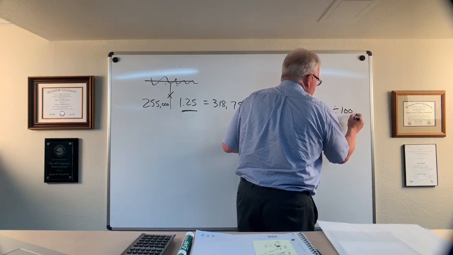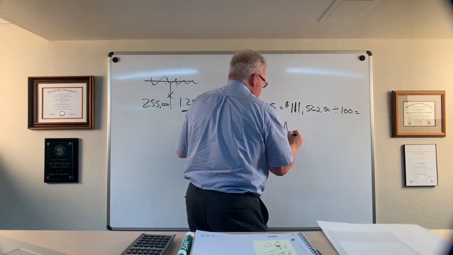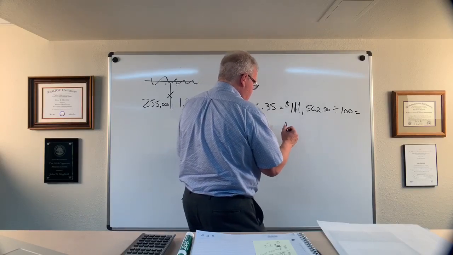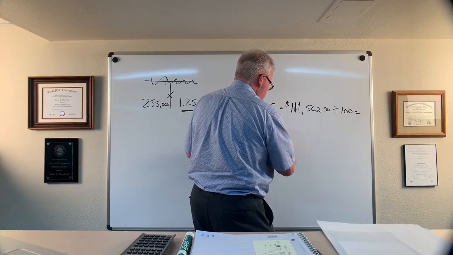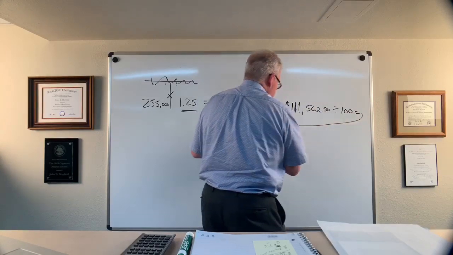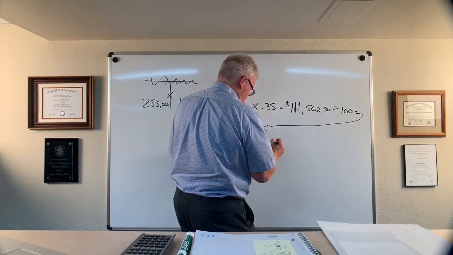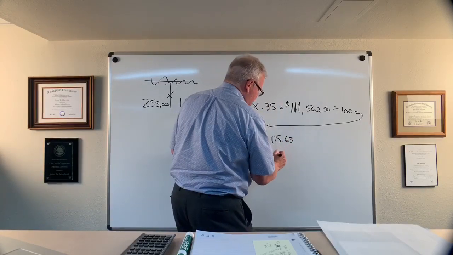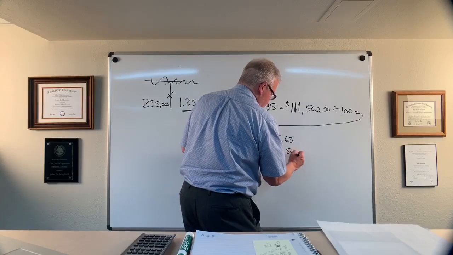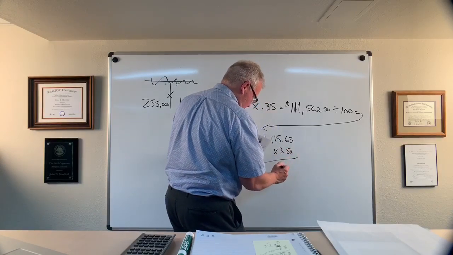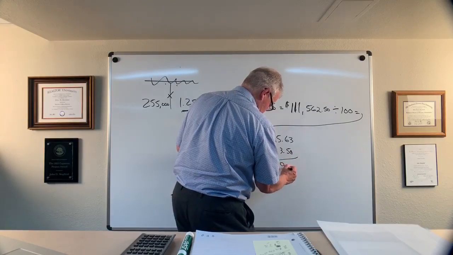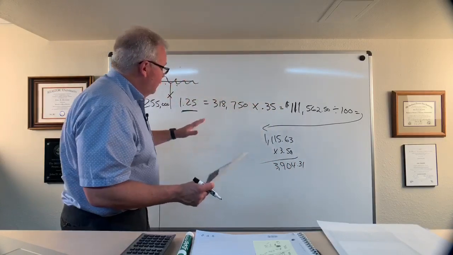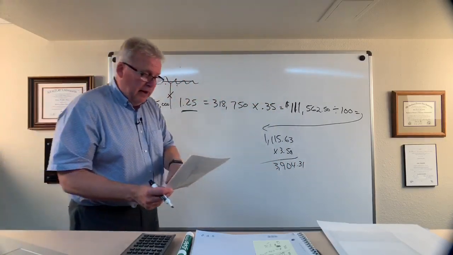Well, we need to divide this by 100 to find out this number, which is 1,115.63. And now we multiply that by $3.50. And I'll repeat this. We'll go back through it. And so the answer is $3,904.31.